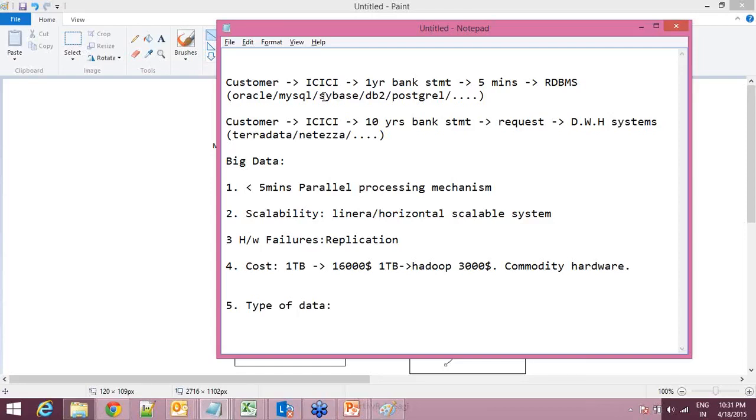But even these systems can process only structured data mostly. They can process semi-structured data like XML files and JSON files. But coming to Hadoop, Hadoop has the capability to process structured data as well as semi-structured data like XMLs and JSON files. It can process unstructured data.